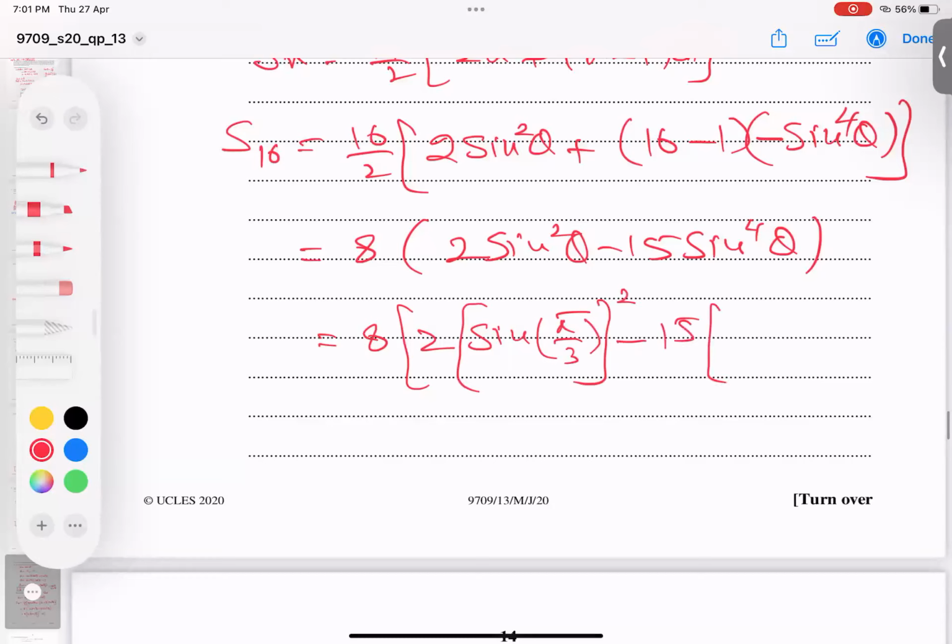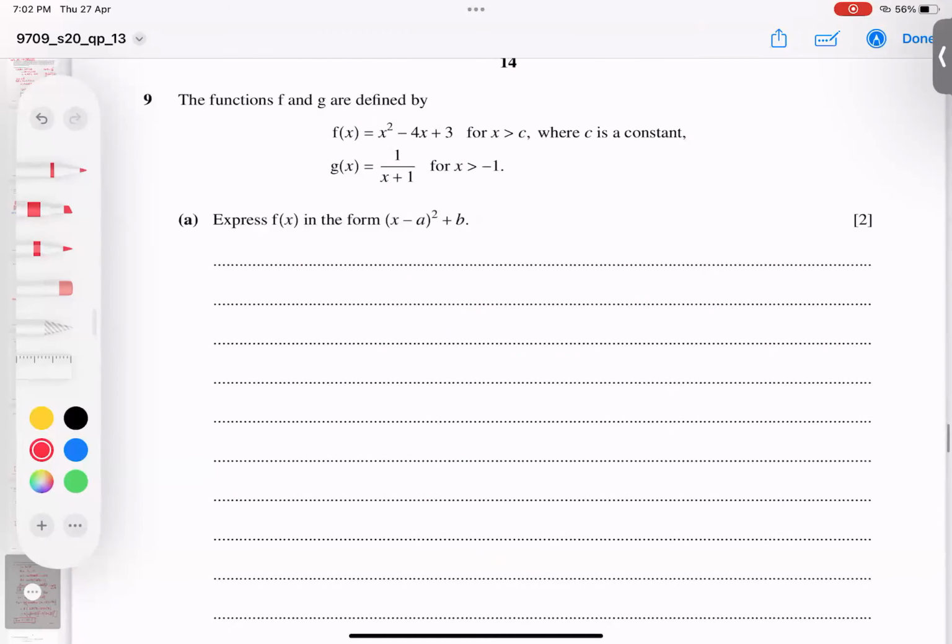Some students don't know how to do this kind of thing, so that is why I'm showing it step by step. When you type this in the calculator, students, type it step by step, separately. Don't type everything together. This separate, this separate. And the final answer I'm getting is negative 55.5. I hope the point is very clear.